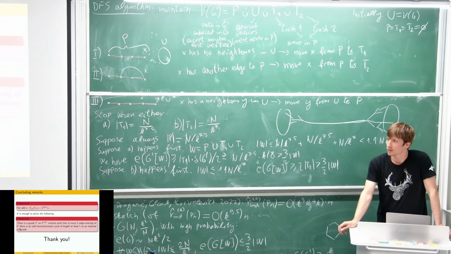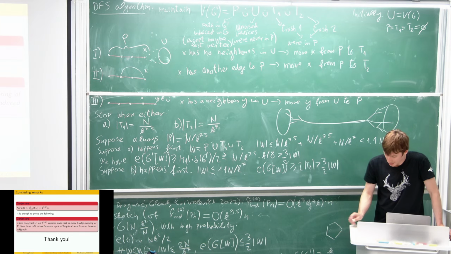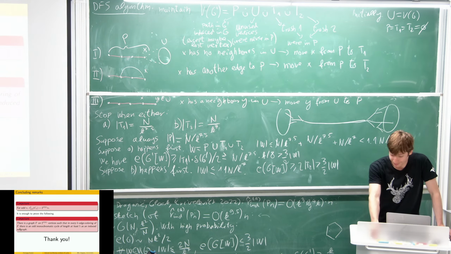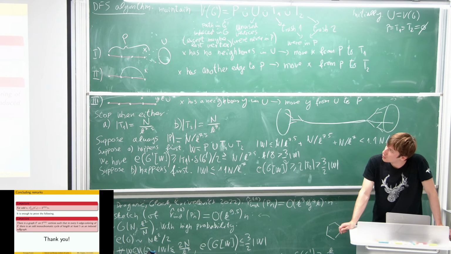Are there any explicit constructions for small cycles, maybe coming from algebra, which have this property and would be tight in this setting? I don't know. It seems that, at least for lower bounds, it's difficult to use the condition that it should be induced.